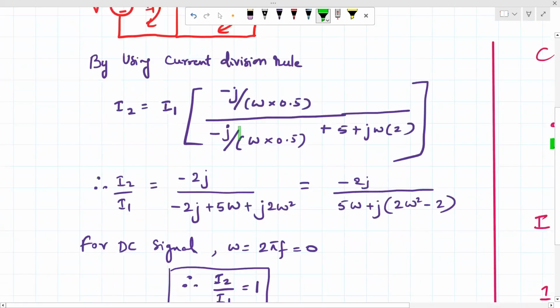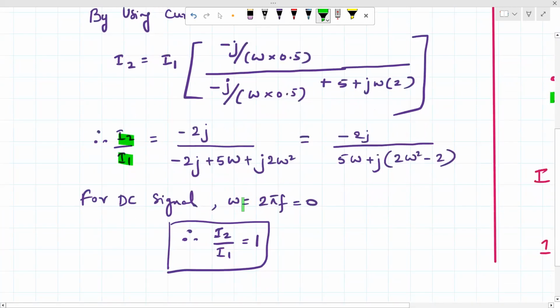So simplifying this and rearranging as I2 by I1, and taking the LCM here, I get minus 2j divided by minus 2j plus 5 omega plus 2j omega square. Omega is given as 2 pi F. For a DC signal, the frequency is taken as 0.